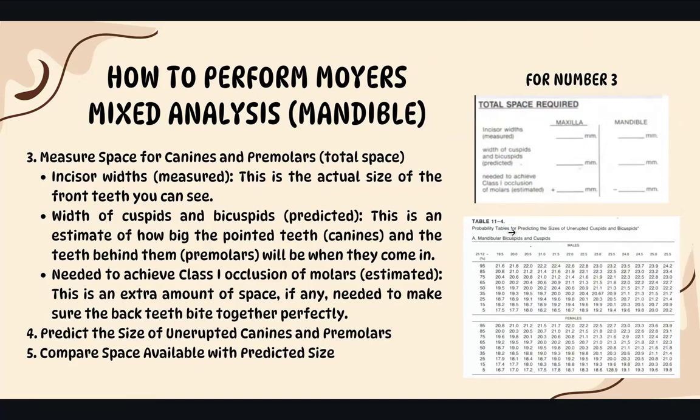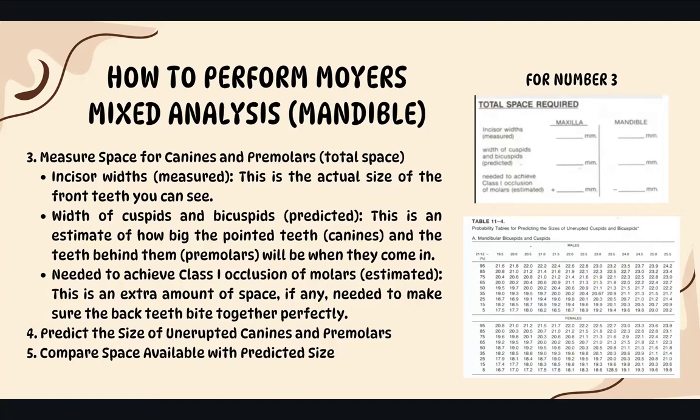This total space includes the actual size of the visible front teeth or incisors, an estimate of how large the canines and premolars will be when they erupt, and any extra space needed to achieve an ideal bite where the back teeth fit together well, or class 1 occlusion.